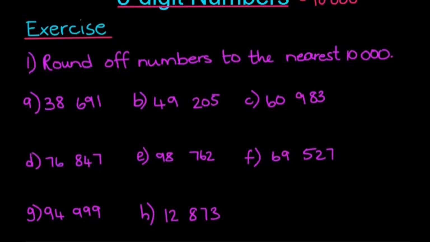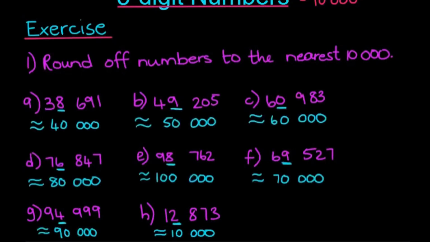Right. So the answers for the following exercise are as follows. For A, it's equal to 40,000. The 8 tells me that it is greater than 5, so it automatically rounds up. B, it's 9, same thing happens.